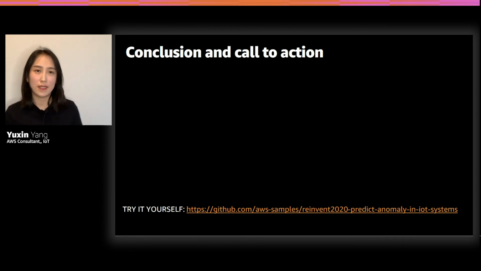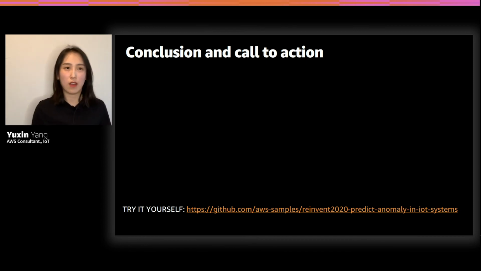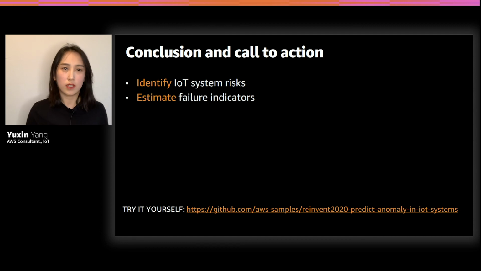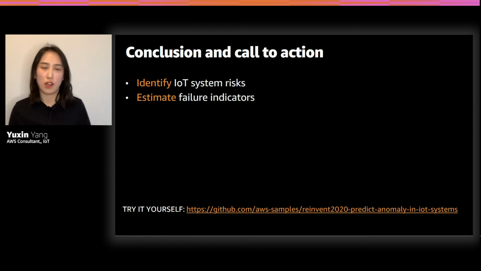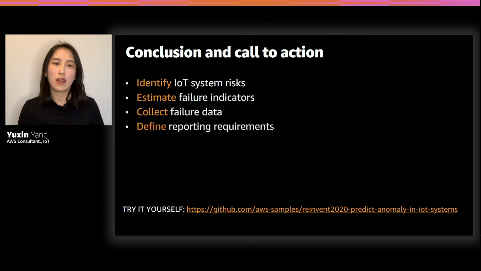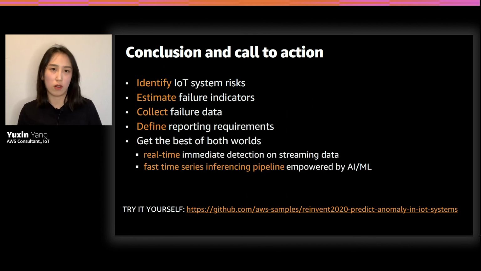If you're a business decision maker, let's identify IoT system risks and estimate failure indicators, like estimate what kind of anomaly pattern that equipment would produce, and collect failure data, and define reporting requirements, who to notify, whether it's site manager, your developers, and so on and so forth.